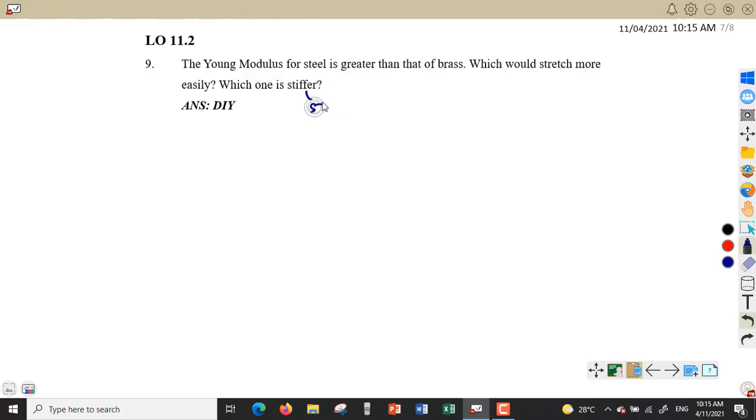Stiffer means stronger, able to resist forces. So we are given the Young modulus of steel is greater than Young modulus of brass. So how to answer the two questions?